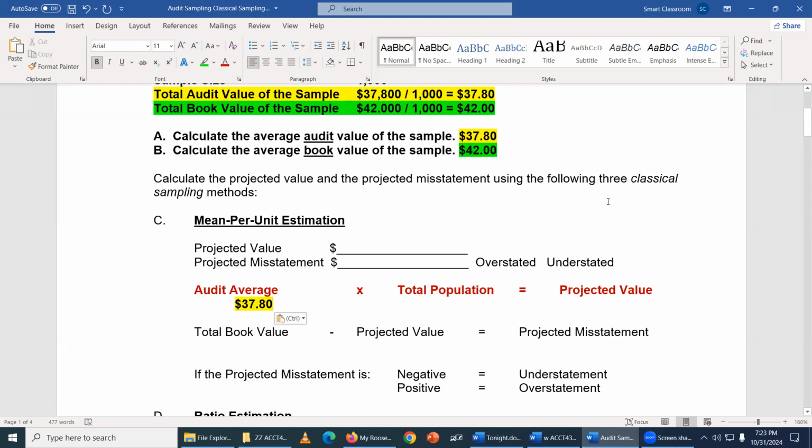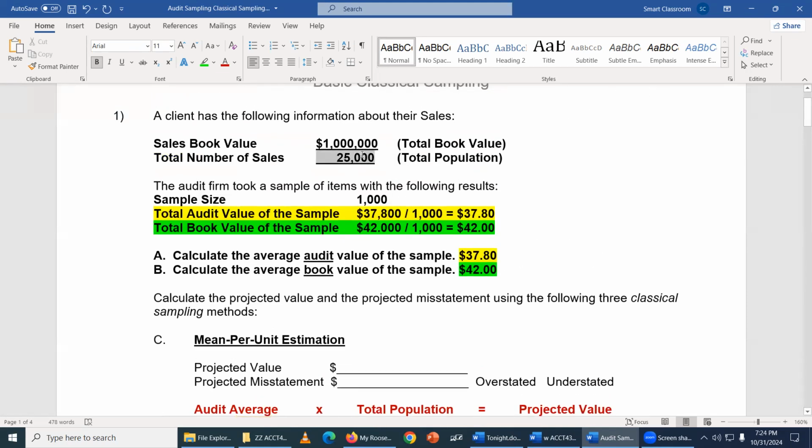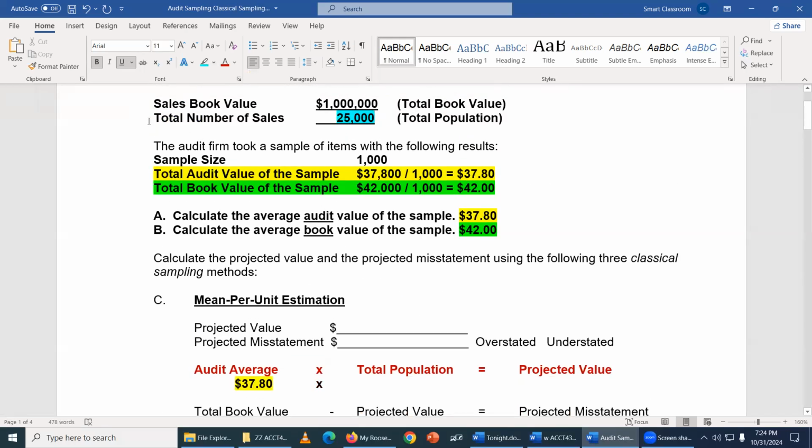And what we're going to do is say, okay, everything in the total population, all 25,000 of these, should be valued at what we come up with, 37.80.